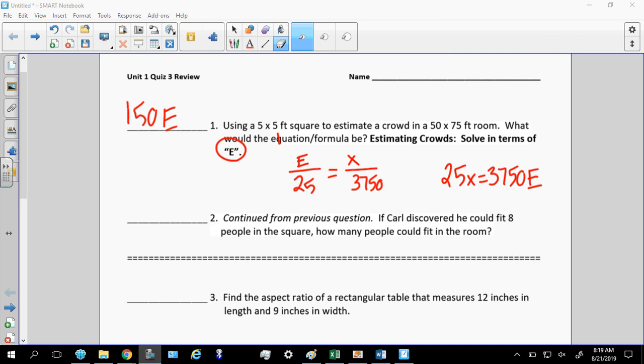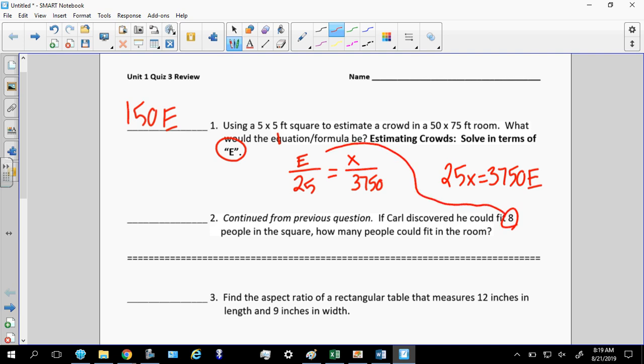All right, for question number two, it says continue from the previous question. And that is, if Carl discovered that he could fit 8 people in the square, how many people could fit in the room? Well, you already know 8 is going to be in place for E, so you can easily just do a simple little 8 over 25 is equal to X over 3750.